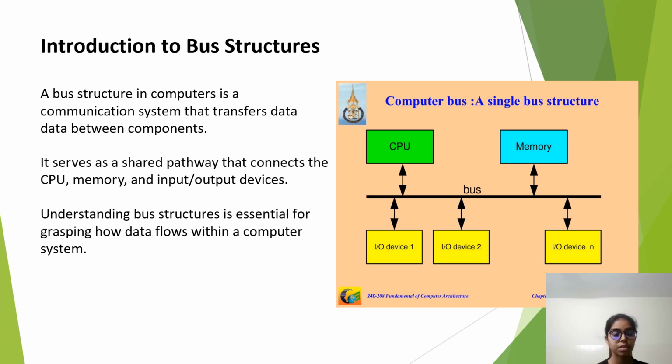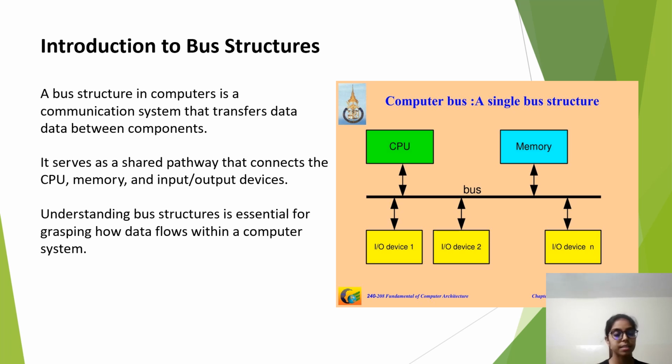Introduction to bus structures. The bus structure in computers is a communication system that transfers data between the components. It serves as a shared pathway that connects the CPU, memory, and input as well as output devices.